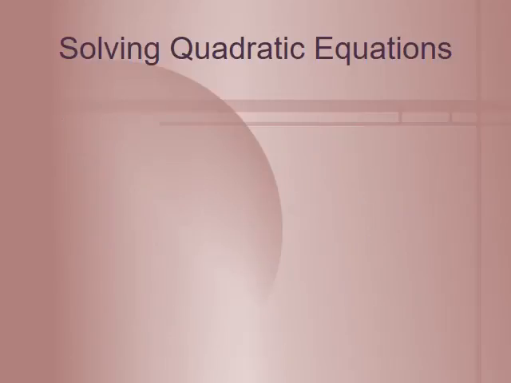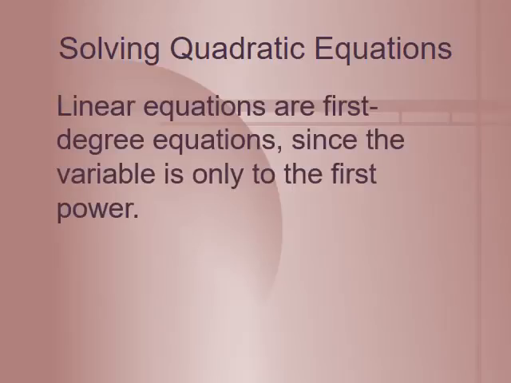Okay, let's now look at solving specifically quadratic equations, where it's x squared, a number x, and a number. Linear equations are first degree equations, and the variable is the only one with the first power.